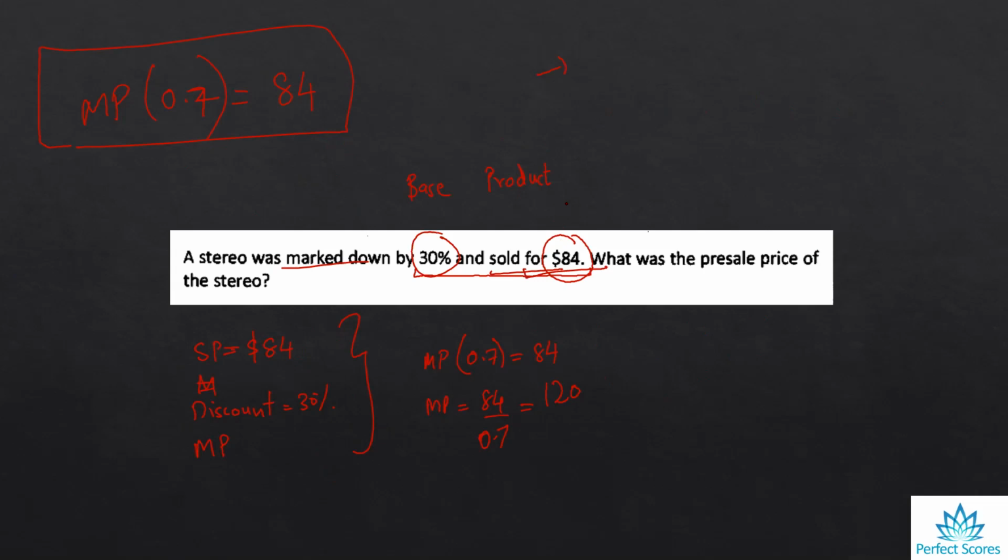So here, this is your selling price. Selling price is 84. Your discount is 30%. You just have to get the mark price. So mark price into discount percentage gives you the selling price. So mark price into 0.7 is 84. Same thing. Is that okay? Okay, got it.